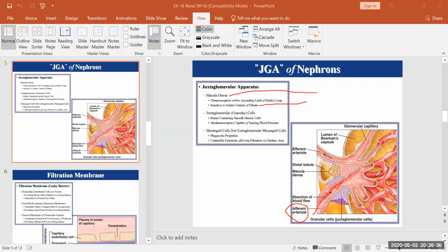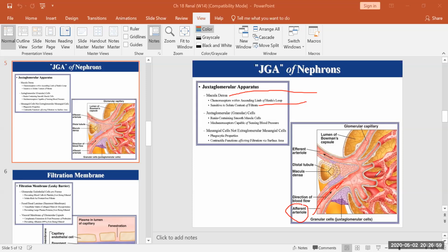So it will send a chemical messenger. At this point, we don't know the identity of that chemical messenger, so you can use that as a PhD thesis, if you will, to get your PhD degree. So that paracrine signal, that chemical messenger, will go to the afferent arteriole and induce its constriction.